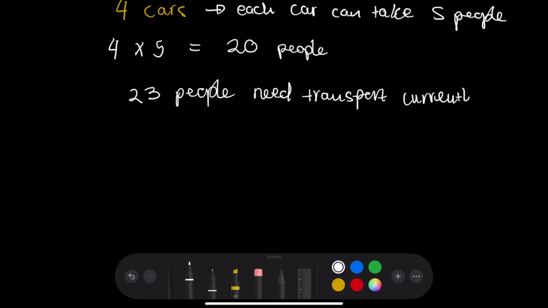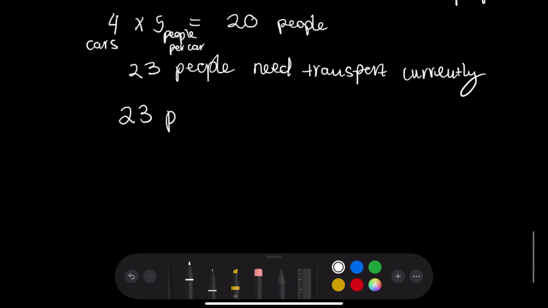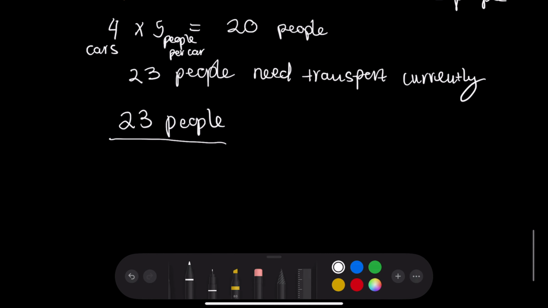Currently, right? Then I will have to say 23 people per car. So if I have 23 people, then I would need to divide that by 5 people per car, right? Then I have to ask myself, how many cars would I need?